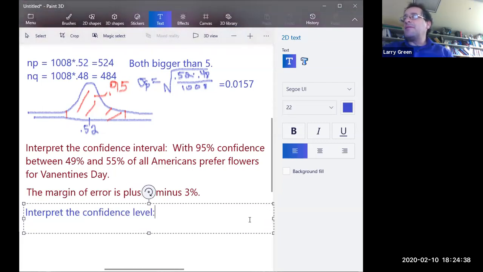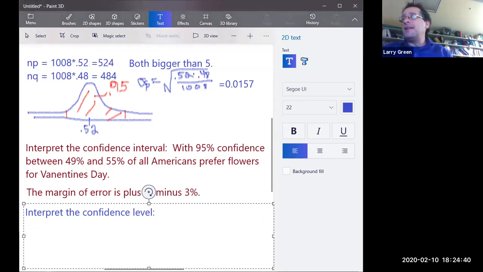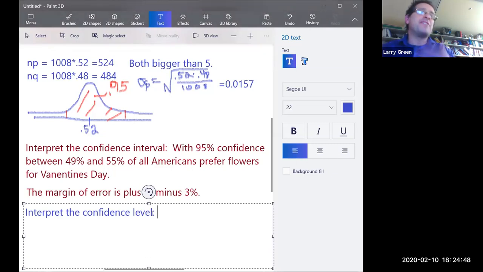A lot of the words are the same, but it is very different. It's not the same as the interval. The level is 95%, and that's a chance of something happening. It's a probability.